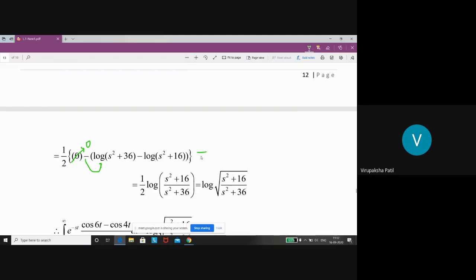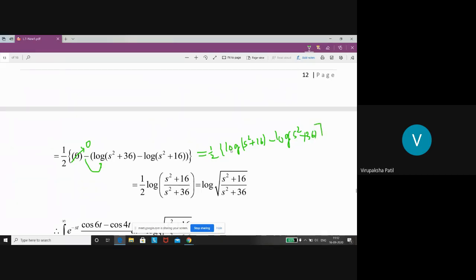So you will get 1 by 2 as it is, log s square plus 16, because minus into minus becomes plus, minus log s square plus 36.